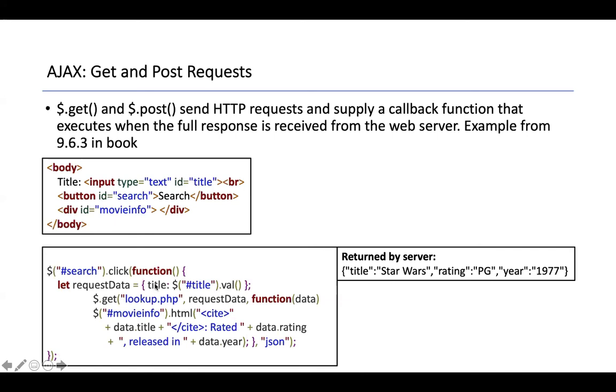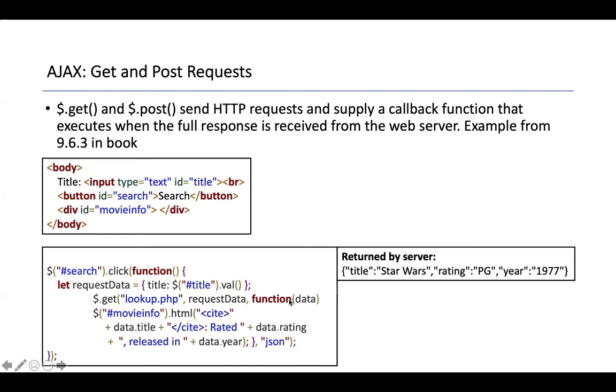So basically, instead of having to create that query string that you saw earlier with the question mark and the equal signs, you just bundle up your data into a dictionary object. Then the get call gives the name of the URL for the script, your data, which is a dictionary, your callback function, and how you want the response parsed, which in this case is JSON.